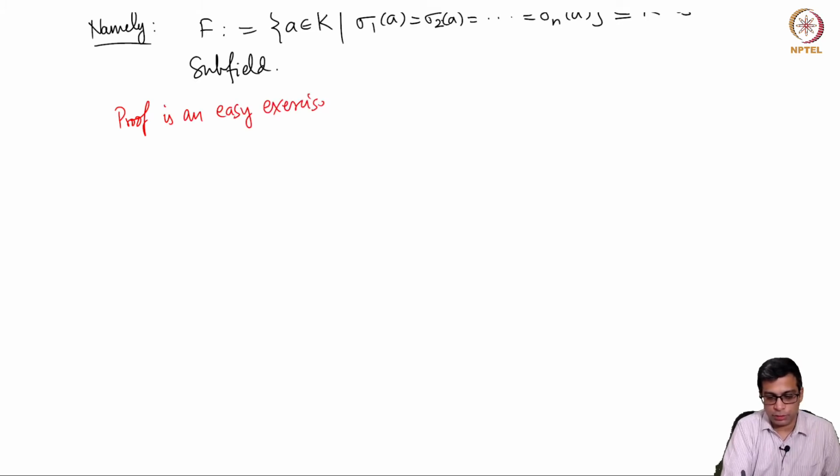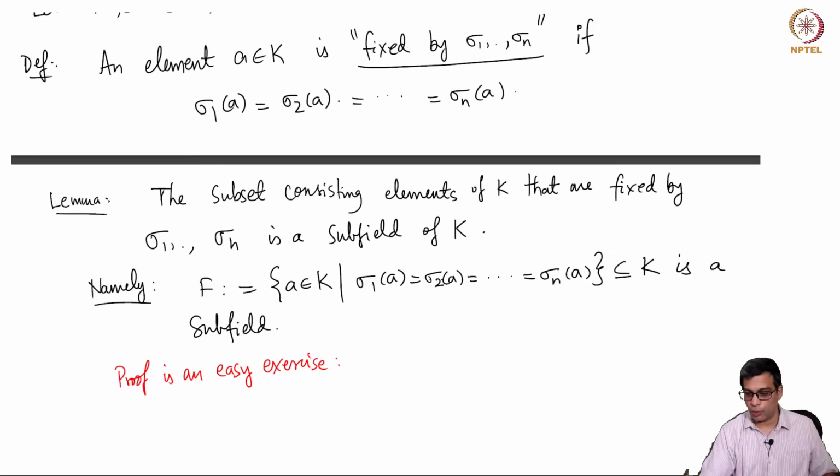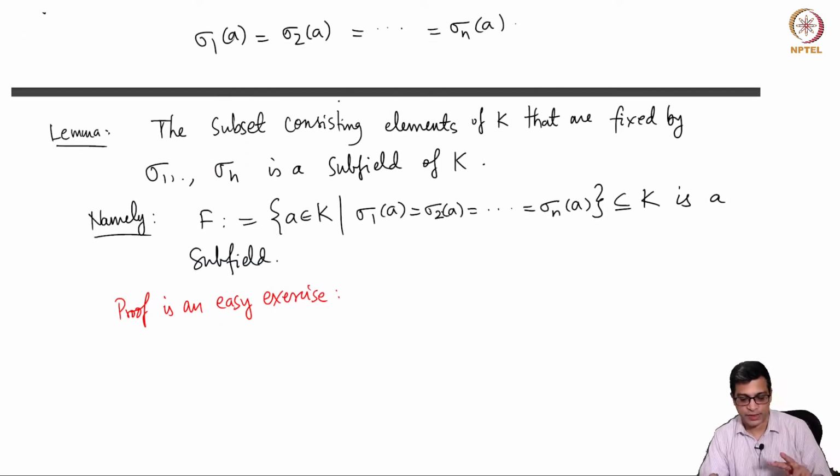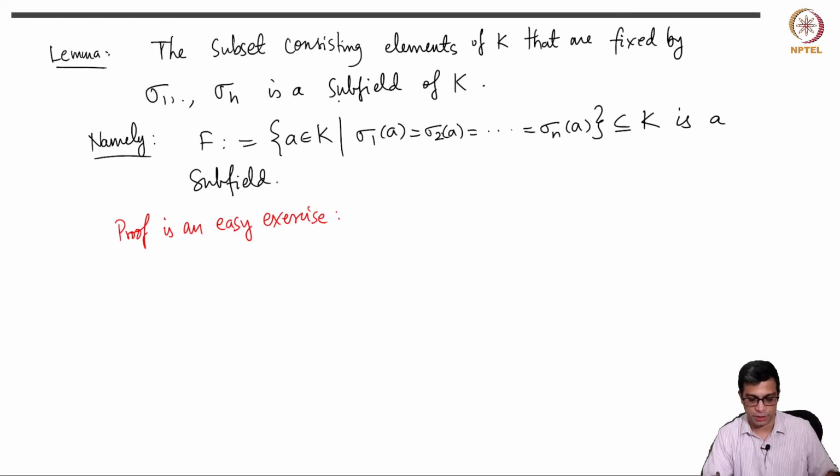I won't say much more than the following. If you have two elements in the set F, how do you verify that F is a field? You want to show that their product is there, their sum is there, if something is there, its inverse is there, and the identity element is there for both addition and multiplication. All those are easy. I'll just do one of them and you can do the others. What is sigma 1 of A plus B?